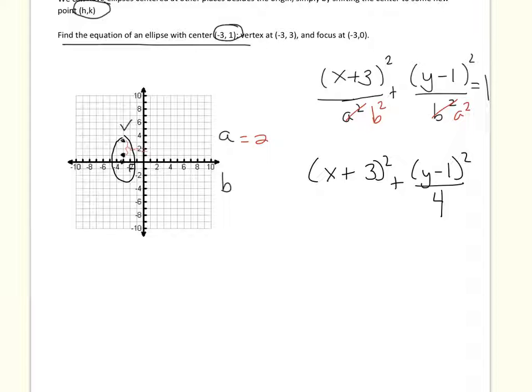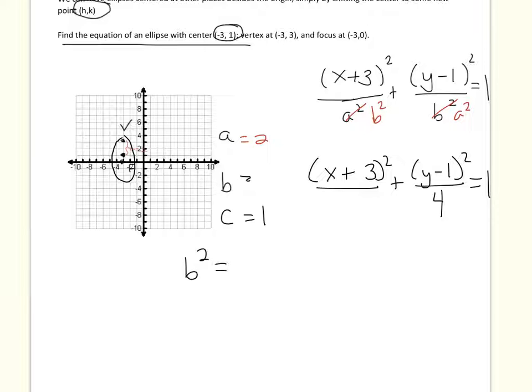But I know wherever axis the focus and the vertices are on, that's our major axis. So now I have to find b, which is the center to the co-vertex, which I don't know. But I do know c, because from -3, 1 to -3, 0 is 1 unit. So I know c is 1.